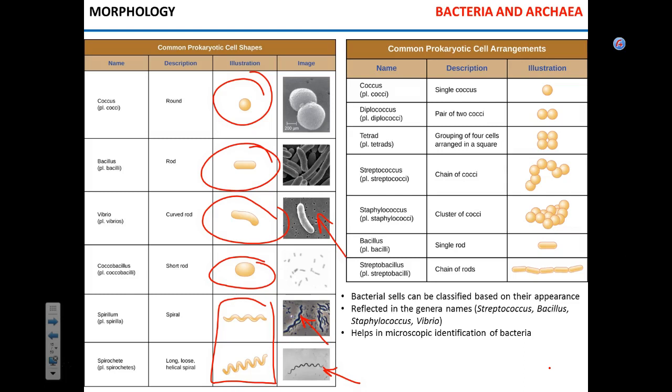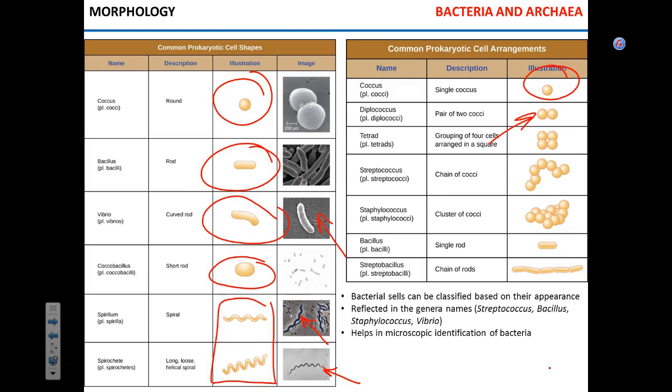Any questions? Example of a question: rod-shaped bacteria are called, and you pick bacillus. Yes. That's easy stuff, but I want to check if you went through this table. Now, sometimes bacterial cells can bundle together. And this is really important because that's an important phenotypical trait. For instance, when cocci form pairs, this is called diplococci.